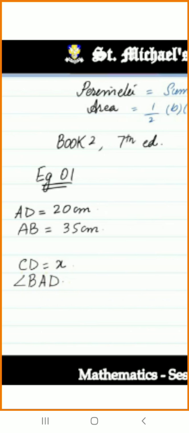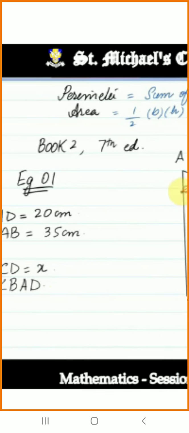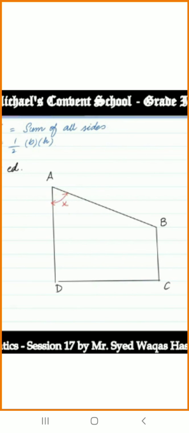So this angle A is unknown. Let's say that this angle is y and the side CD is x, right? Also we have the value of BC, that is 8. So that is your question, and you need to find the values of x and y.